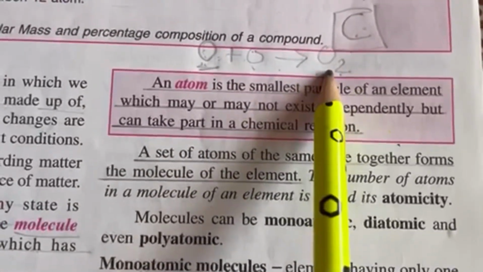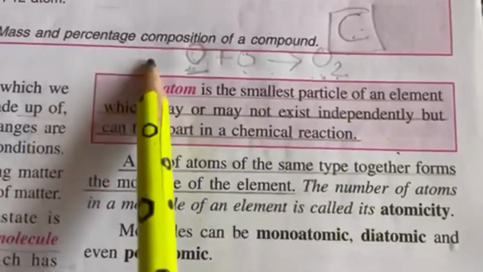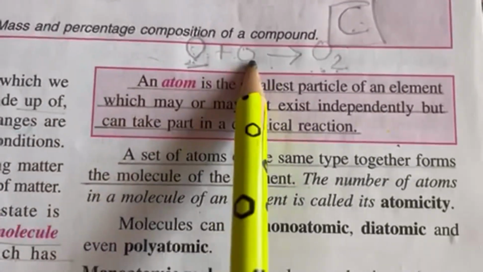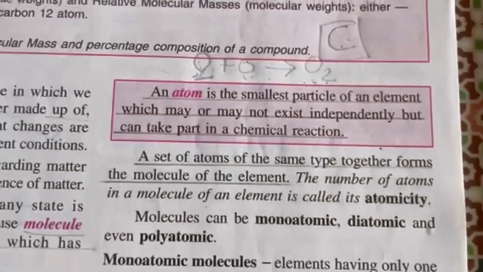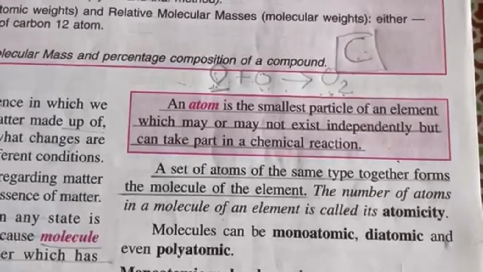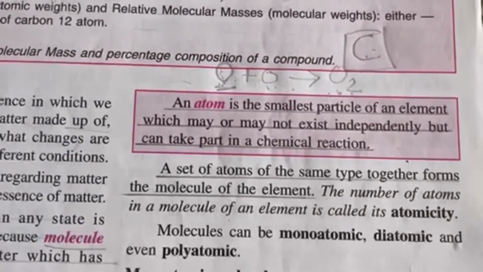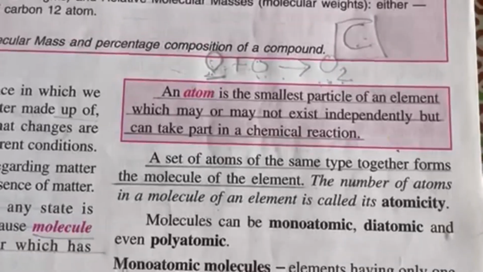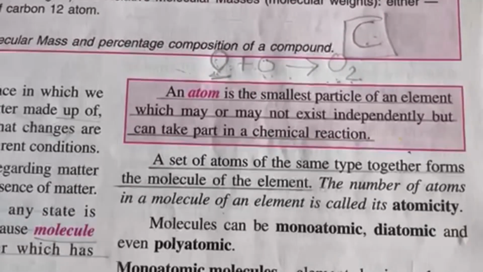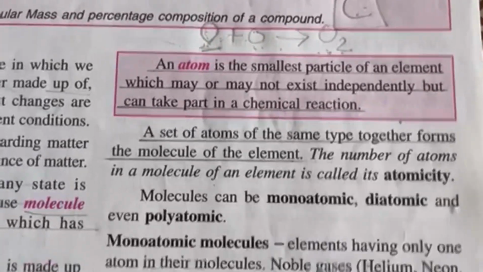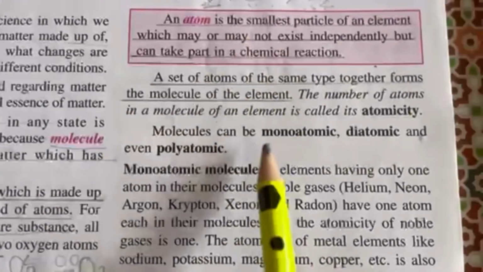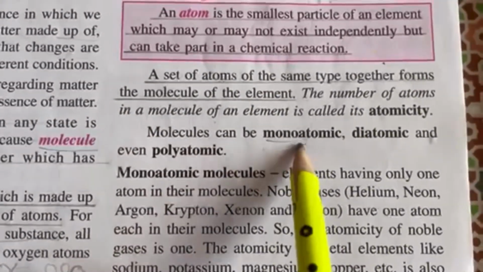This is one molecule of oxygen element. This is one atom of oxygen. So the number of atoms in a molecule of an element is called its atomicity. So what is atomicity? How many atoms are there in one molecule of the element? So molecules can be mono. Mono means one atom, carbon.